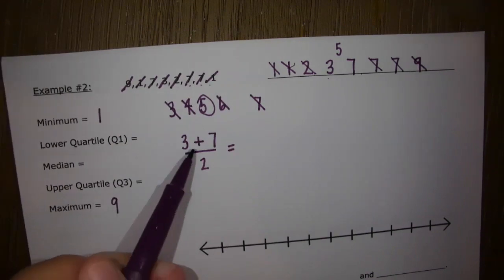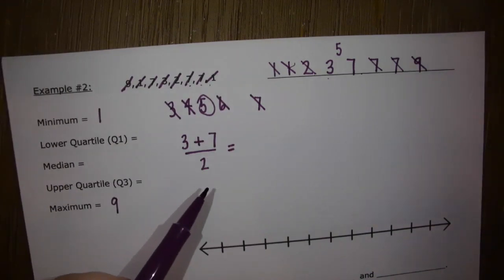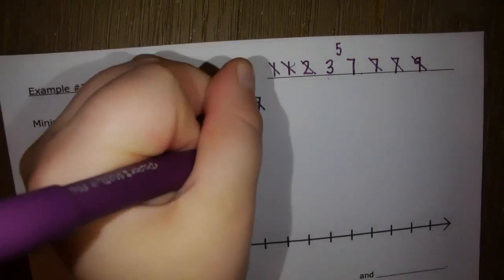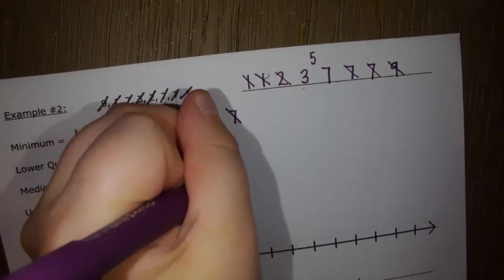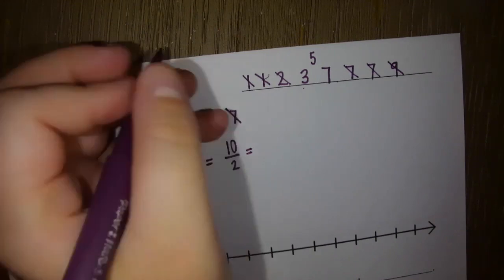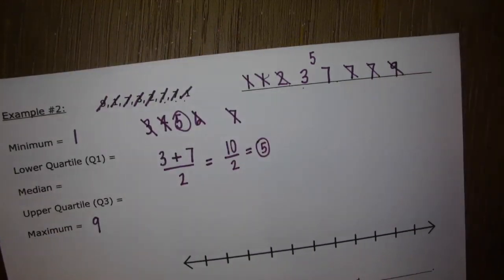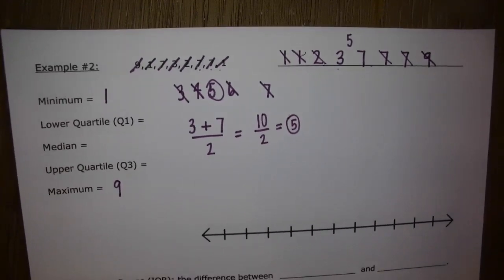So first I'd add them together and then divide by how many I added. 3 plus 7 is 10. I'm going to go and divide that by 2. 10 divided by 2 is 5. We got the same answer both ways. Both methods are effective. Choose a way that works for you, or you can totally just alter it just depending on what your values are.